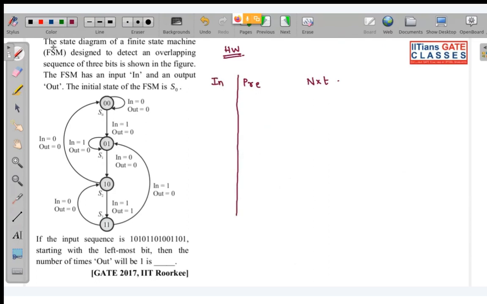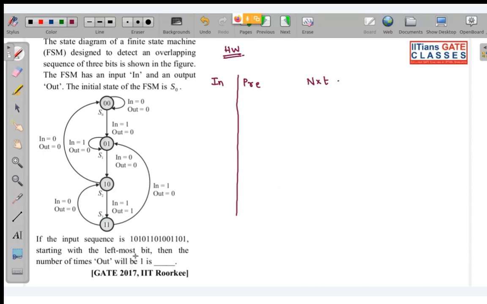Over here you can see the state diagram of the finite state machine FSM designed to detect an overlapping sequence of 3 bits, shown in the figure. The FSM has an input in and an output out. The initial state of the FSM is S0. You need to find, if the input sequence is this, starting with the leftmost bit, the number of times out will be 1.